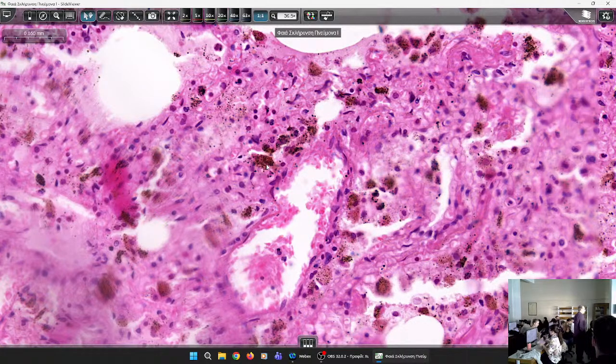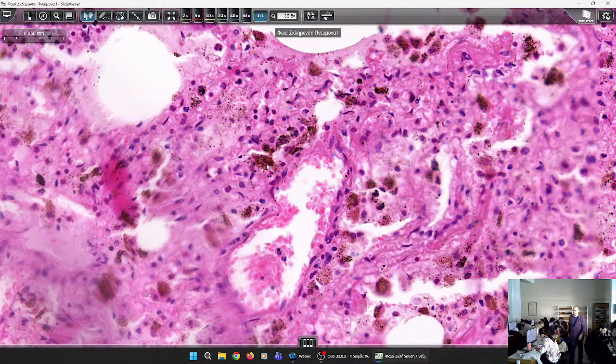Yes, please. In macrophages, yes, because we have the alveolar macrophage, the resident macrophage. So in this case, the pigment appears brown, as you see, but if you have Perls stain, it gives it some sort of green to light blue color, and this is hemosiderin.